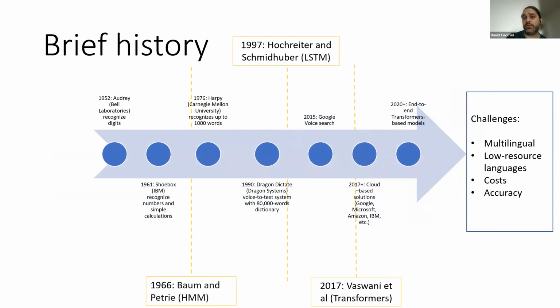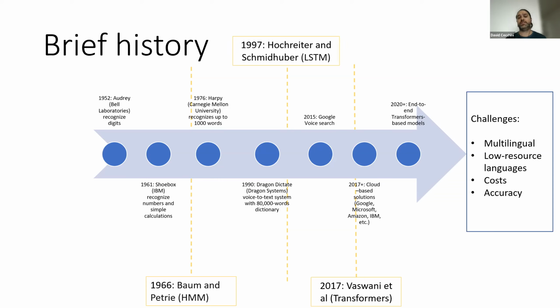So I will go over a brief history of automatic speech recognition, just to say that it's a long history, and it started in the 50s when we had many mathematical models to identify the audio and have some understanding of it.